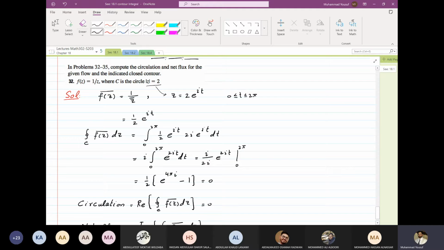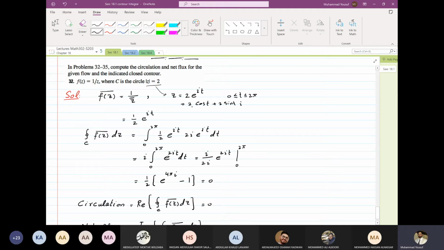And this 2 e power it is actually 2, and e power it is cosine t plus i sine t.